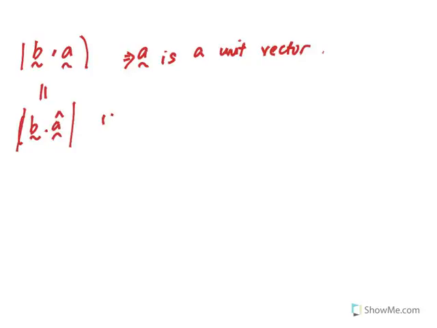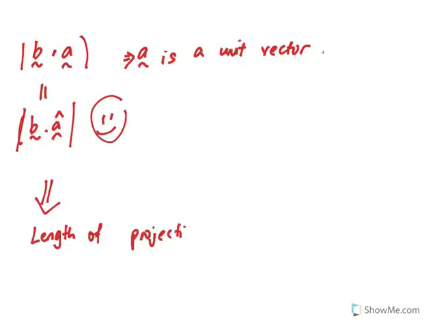So this is just the length. In your notes you will know this is the length of projection of B onto A. Very good. This is the geometric interpretation, and it is in your notes, so you cannot say you don't know.